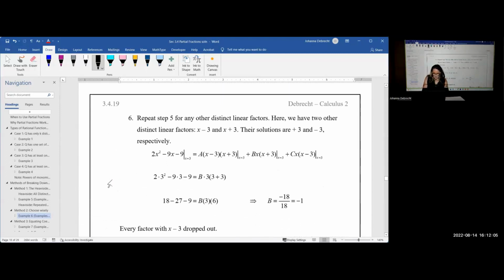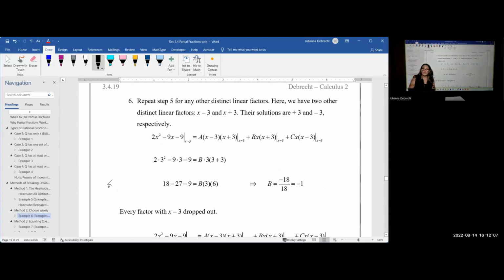Now let's repeat step 5 for the other two distinct factors. We have the factor x minus 3, so its solution is 3. So we're going to go back to the original after we eliminated the denominators, and we're going to substitute 3. It's a little more work because we have to replace the x's with 3's.